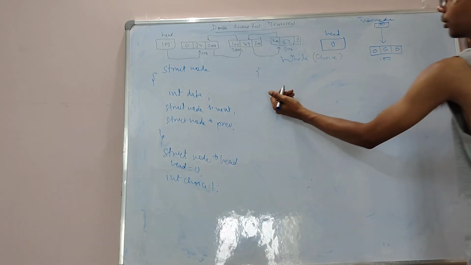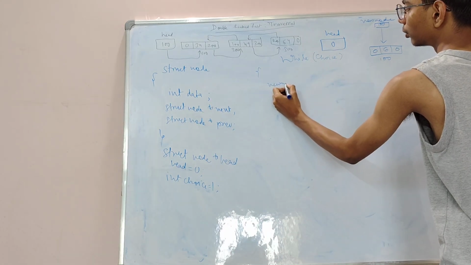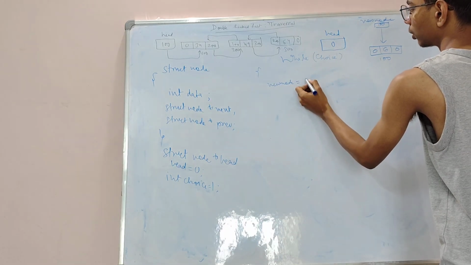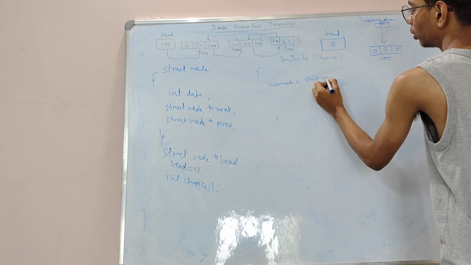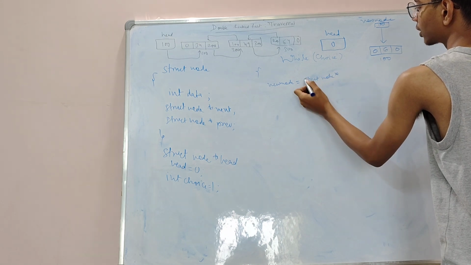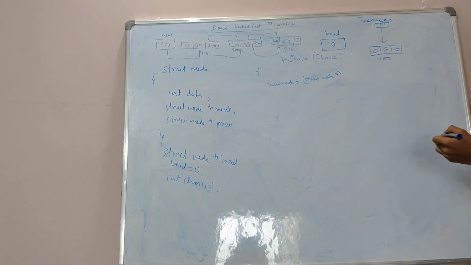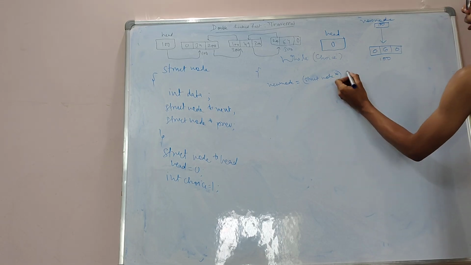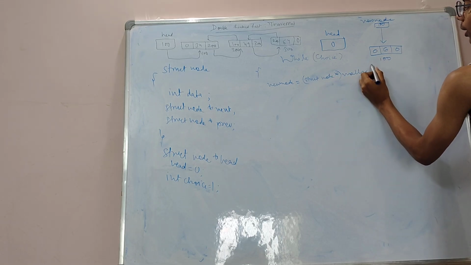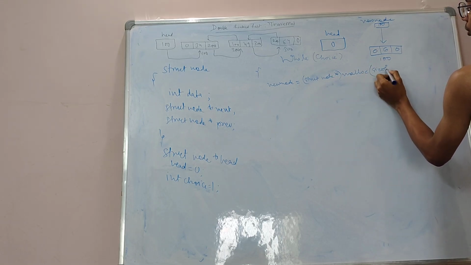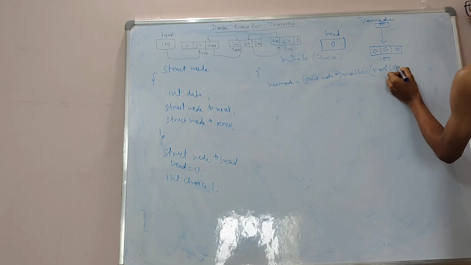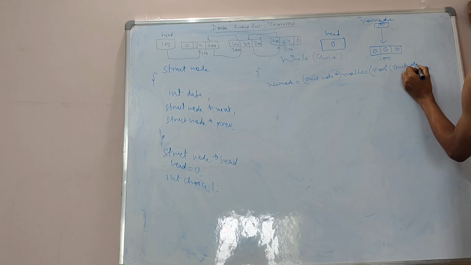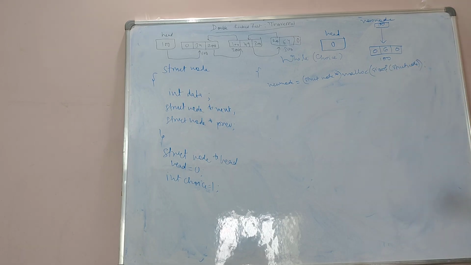So what I will write, new node is equal to struct node asterisk, because it will return a pointer data type. Right. And here malloc, and here sizeof struct node. Right. One struct node I need here.